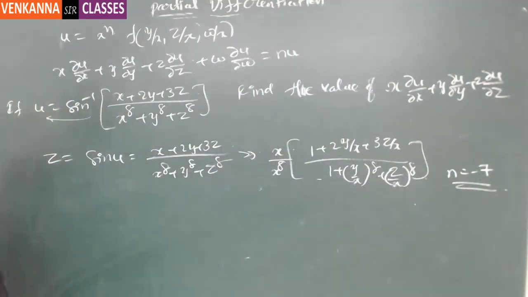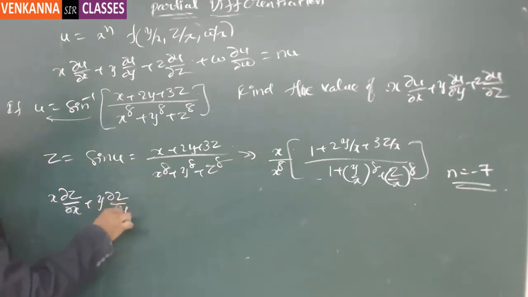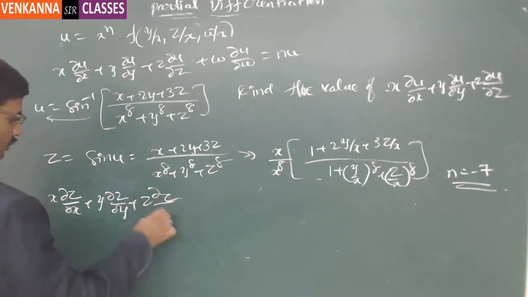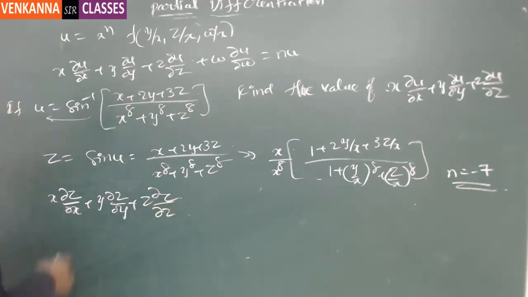Now here on this you can apply x ∂/∂x + y ∂/∂y + z ∂/∂z. Sorry, this is u. I call this as p.